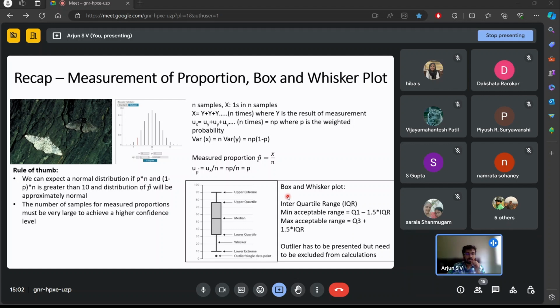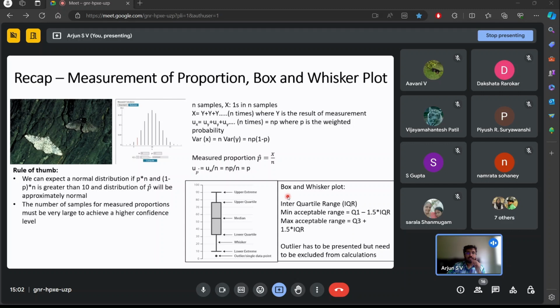The topic was a bit vague in last week's lectures, but half of it was covered in week 6 and the rest of measurement of proportion was covered in week 7. So that is where we'll be starting. We'll be covering a general recap of measurement of proportion and then go on towards the topics of week 7. So, measurement of proportion.